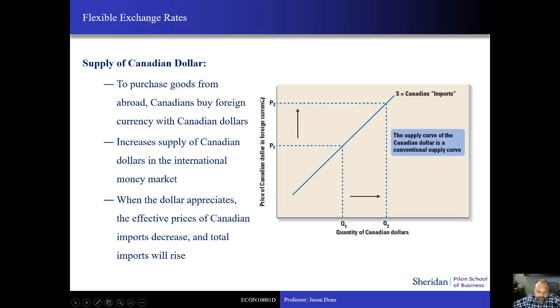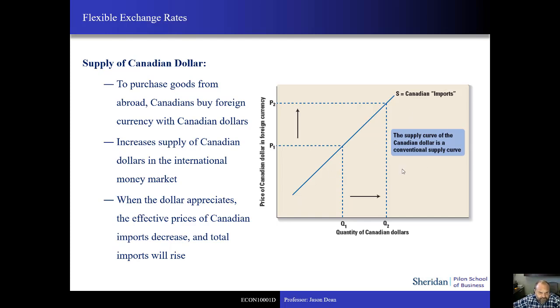In this case, if this is increasing, that means our currency, the Canadian dollar, would be appreciating because you would need more of the foreign currency to get ours. That's the same thing in the diagram we just looked at. If that's the case, then we would be more likely to buy from other countries because we have a strong dollar, and so it would be cheaper for us to buy goods in, say, the United States. So that's why the supply curve is upward sloping.